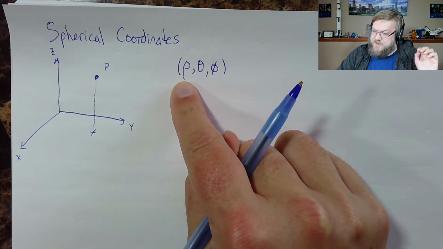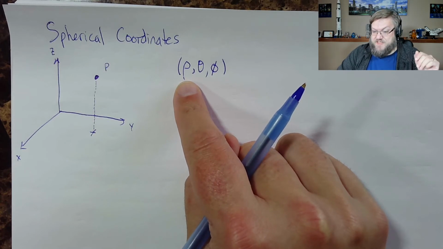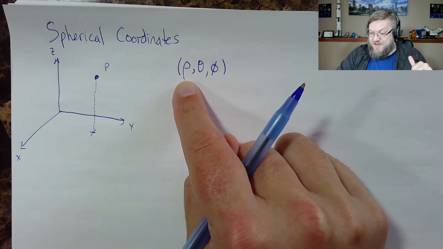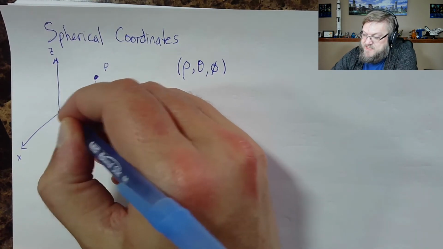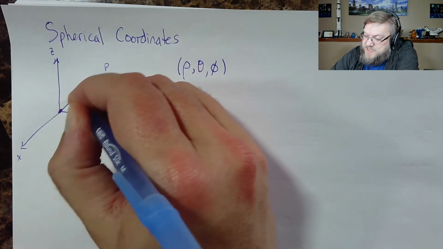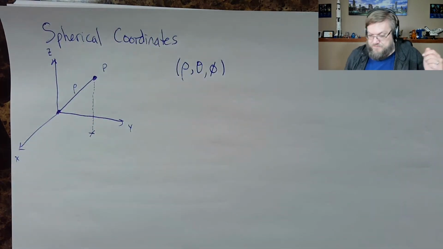Directed means could be positive or negative. This is just plain old distance. In this coordinate system, we disallow rho to be negative. Rho must be 0 or positive because rho represents the distance, straight up distance from the origin straight to the point. This is rho.